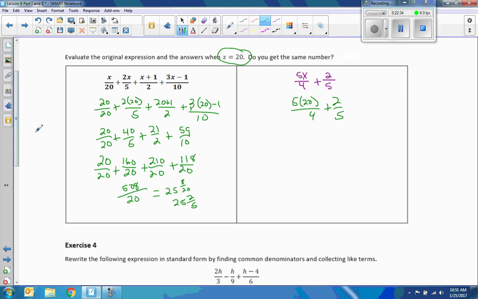Okay, I sped that up a little bit. I did mental math. Okay, I'm not going to spend a whole lot of time explaining multiplication at this point.